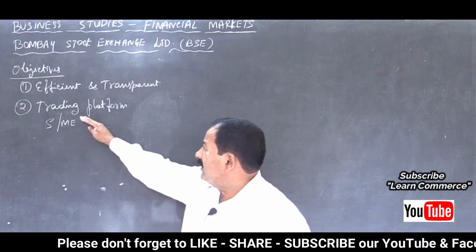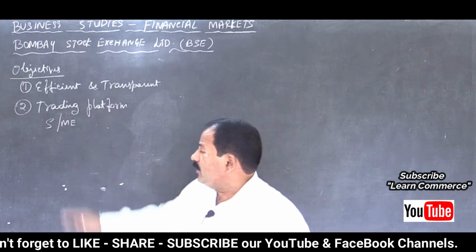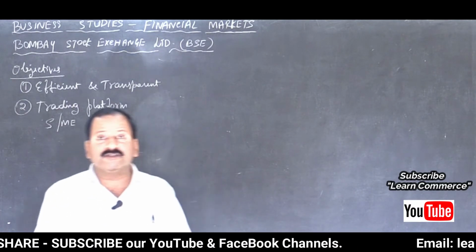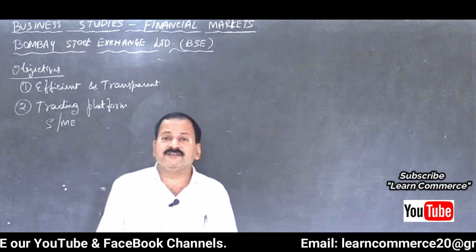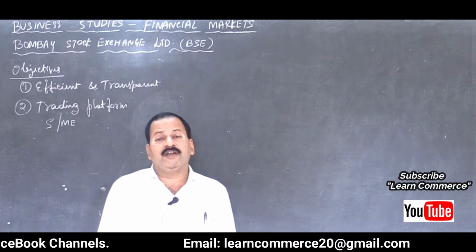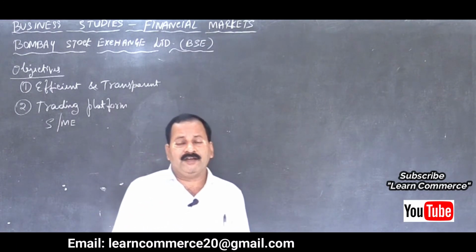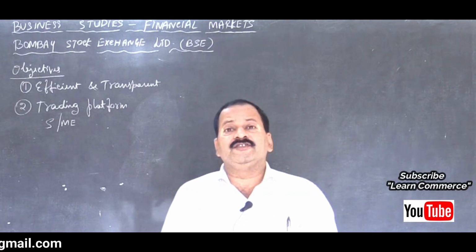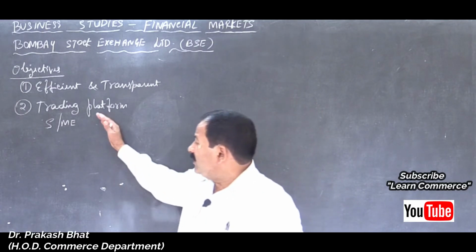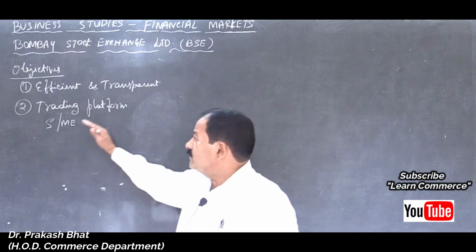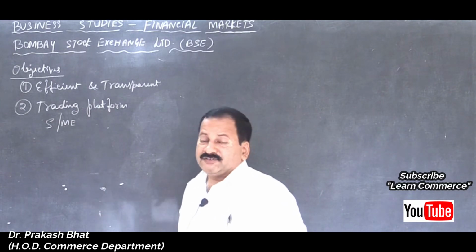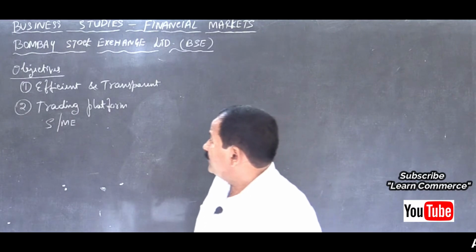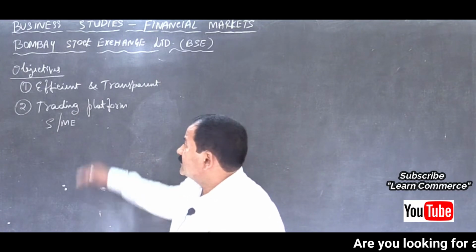Now let me make clear why a trading platform for small and medium enterprises, because these enterprises will find difficulty in reaching the capital market. For that reason, rules and regulations are brought in that give more importance to small and medium enterprises. The Securities and Exchange Board of India gives more importance to these things.